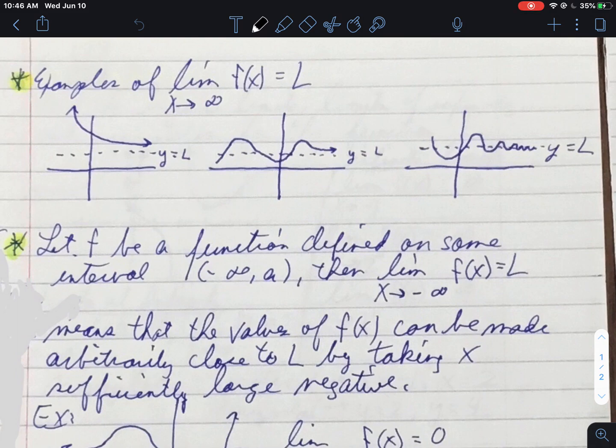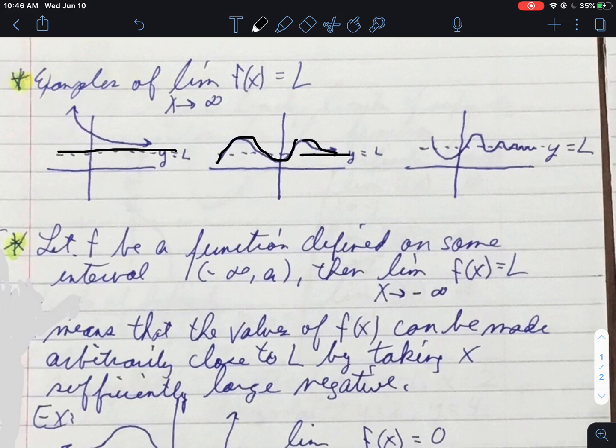So graphically, you can have something like this happening, like we had in that previous example, where the function is approaching some number. You could also have something like the second one, where notice, it's crossing over that asymptote, but eventually, as x approaches infinity, the graph starts approaching that asymptote.